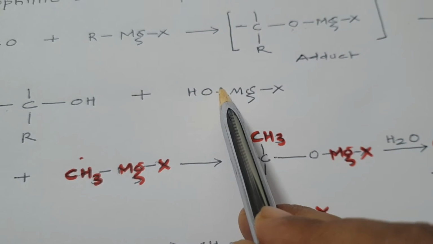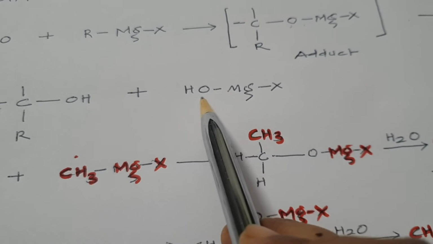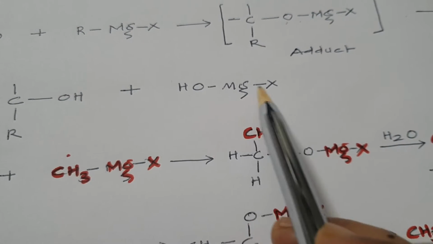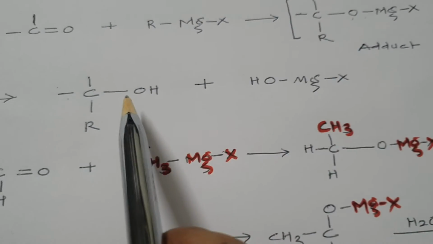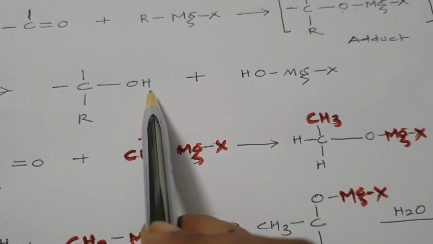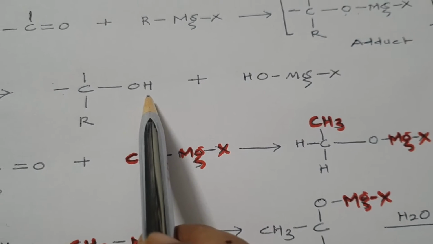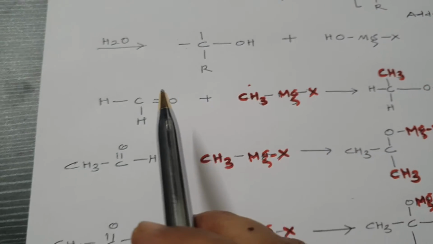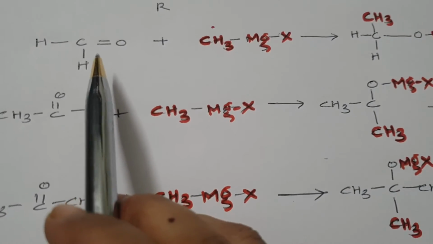Thus, we obtain hydroxy magnesium halide, and an alcohol is obtained here by obtaining a hydroxy group. We can see this by some of the examples.